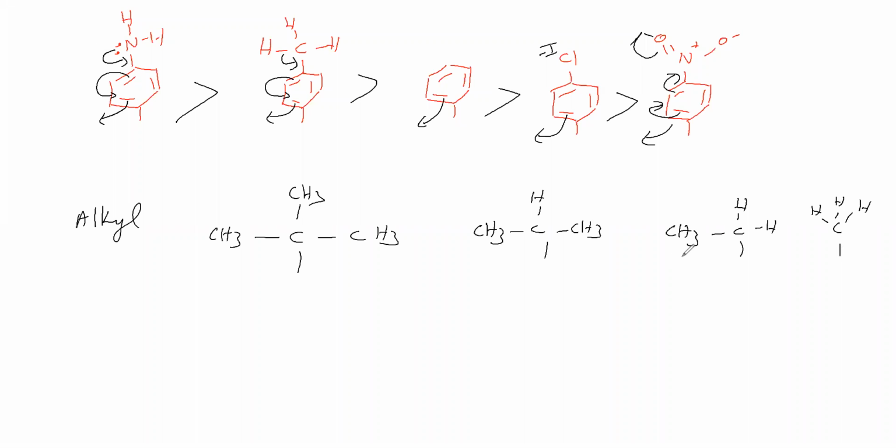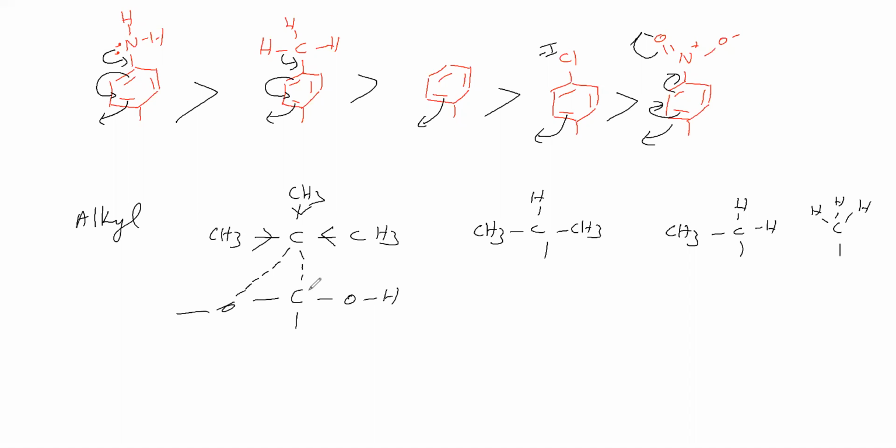For the migration tendency, this bond has to break and it has to be formed with the oxygen, isn't it? So it is like this. This bond has to break, and then a partial bond like this should form, while CH3 shows a plus I effect.